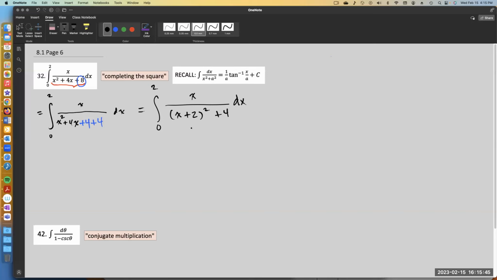That'll make our lives a little bit easier. So let's just let u be x + 2, so then du is dx. We're just going to make that substitution. In the denominator, we're going to have u squared plus 4. The dx turns into a du, but what about the numerator?